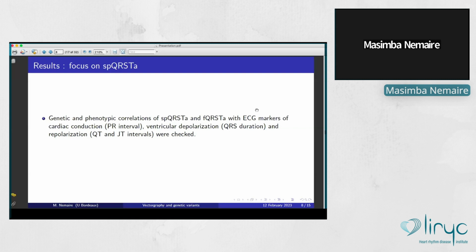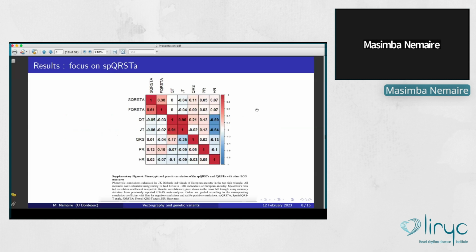So they tried to associate the abnormalities in the angles with cardiac conduction. So they looked at the PR interval. Then they looked at the ventricular depolarization through the QRST duration, then the repolarization with those intervals. So what they found was somewhat very interesting.